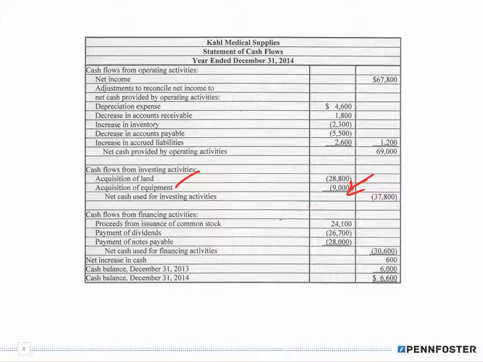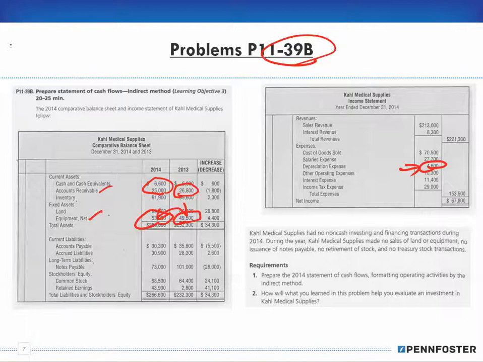And for the payment of dividends, you have $26,700 there. Remember, when it comes to dividends, you have to be looking at your retained earnings. So you have a difference in retained earnings.